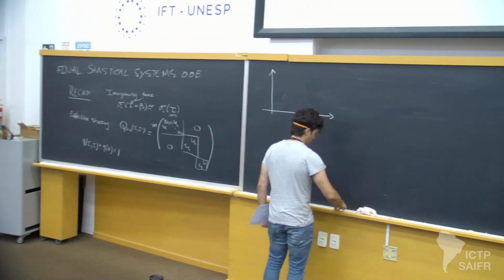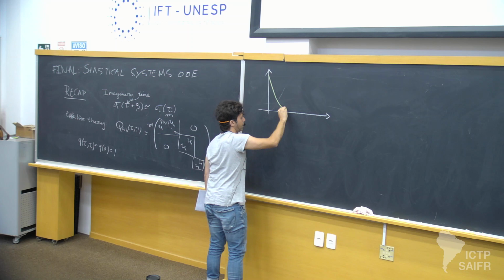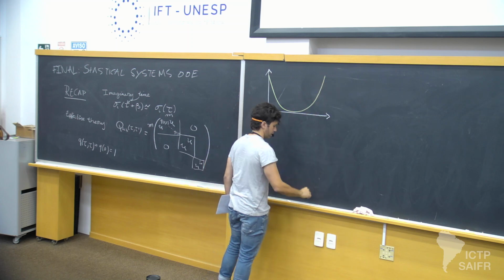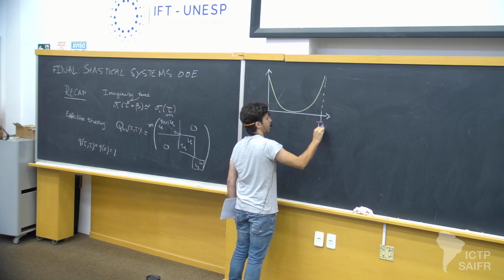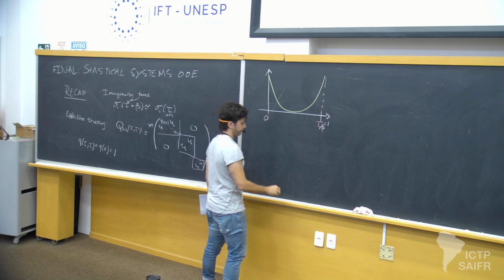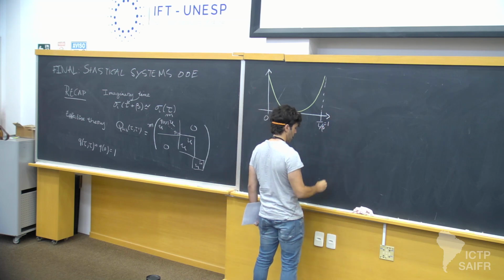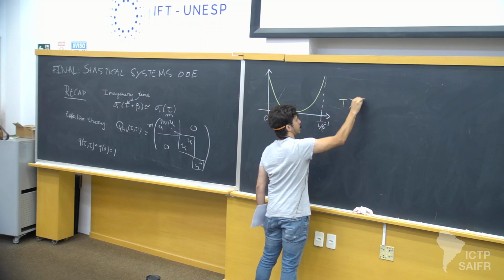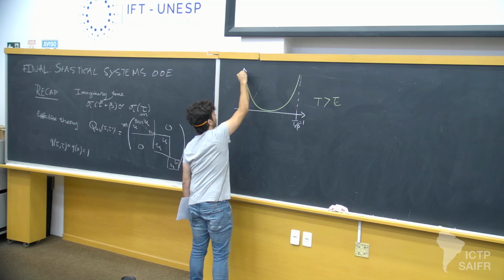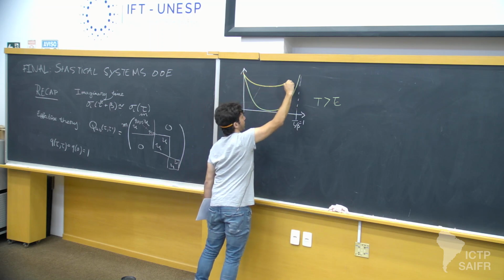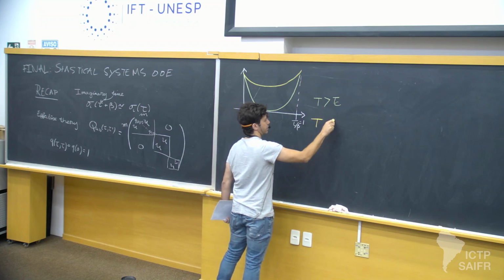So for temperatures above the spin glass transition, it looked like this. This is tau over beta equals 1. This is 0. And so green is T greater than T_C. And if you crank the temperature down, what happened instead was something like this. This is T less than T_C.